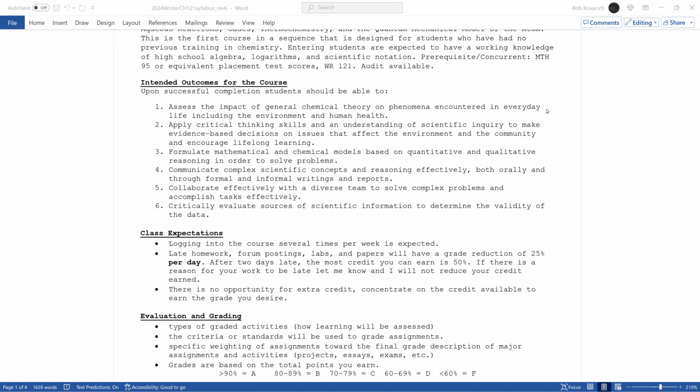And then the last one is critically evaluate sources of scientific information to determine the validity of the data. This is phenomenally important, especially now where people post things online and people read them and then just think that they're true, and they're not. So what we're looking for is for you to be able to look at some sort of source of information and determine if that source is a reliable source or not.